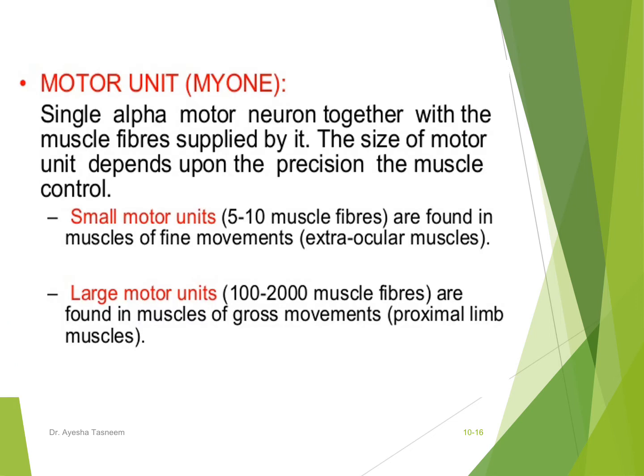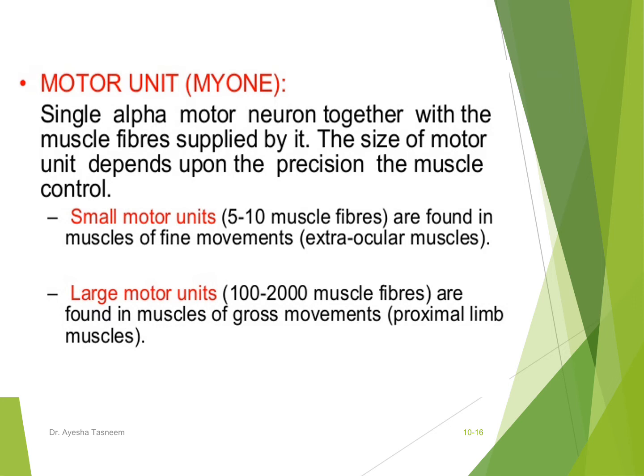What is motor unit or myon? It is a single alpha motor neuron together with the muscle fibers supplied by it. The size of the motor unit depends upon the precision of muscle control. It can be small motor units that supply 5 to 10 muscle fibers, or large motor units.